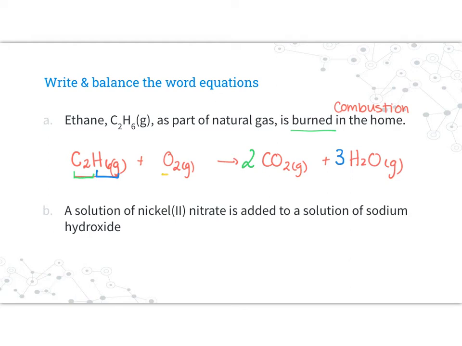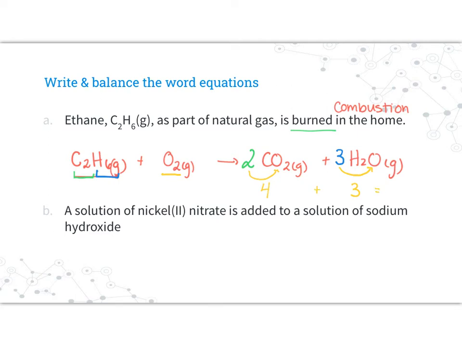Last step is to balance for oxygen. We need to add up all of the oxygens in our products to balance our oxygen in our reactants because there are 2 reactants of oxygen, but lots of products. So I have 2 times 2 oxygens, there are 4 oxygens here. 3 times 1, there are 3 oxygens coming from water.